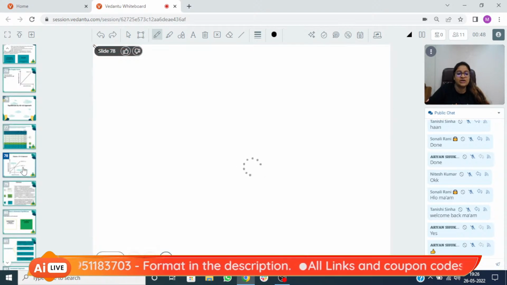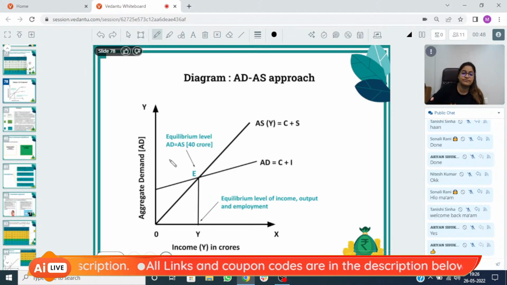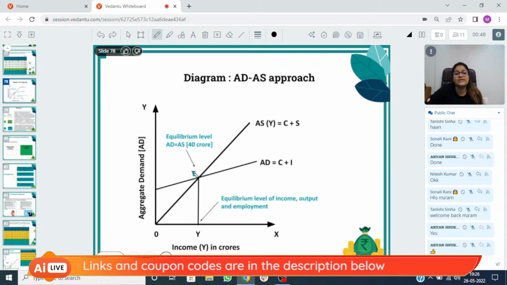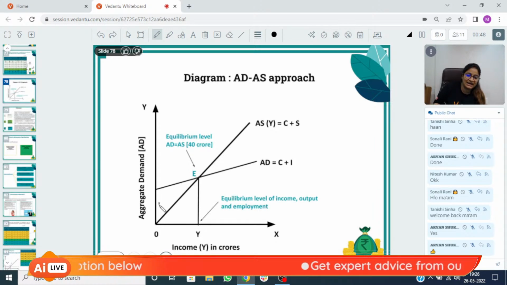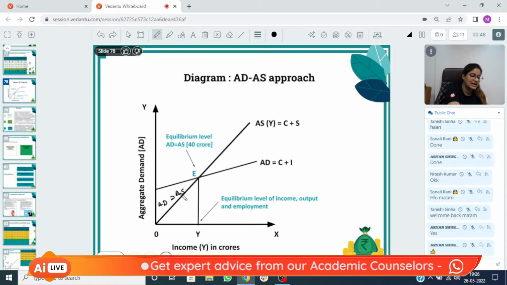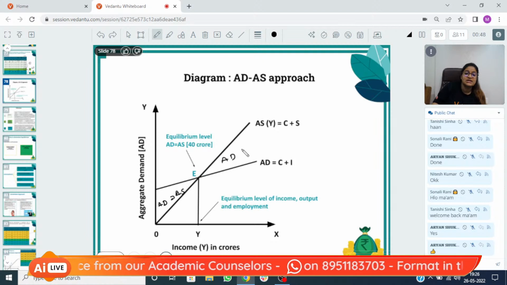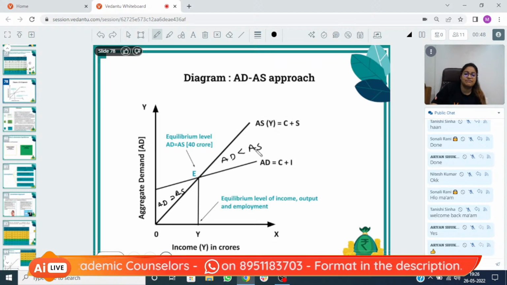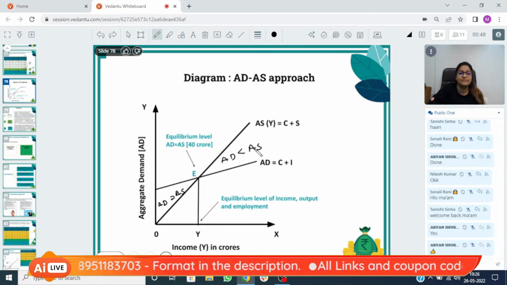When you draw the curves, you get the equilibrium point at point E, where aggregate demand is equal to aggregate supply. Before the equilibrium position, aggregate demand is more than aggregate supply, and after the equilibrium, aggregate demand is less than aggregate supply. Correct? This is the effective demand or equilibrium position.